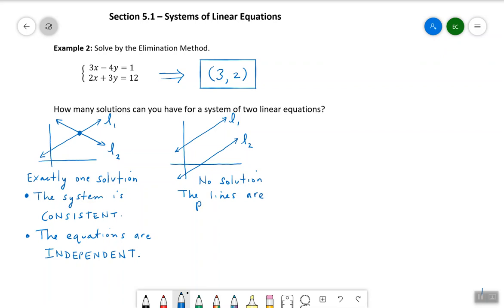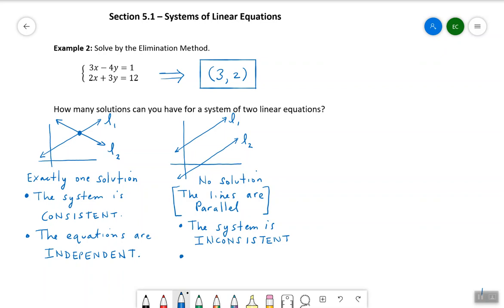The lines are parallel. In this case, we say the system is inconsistent.